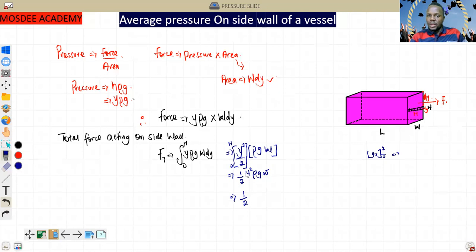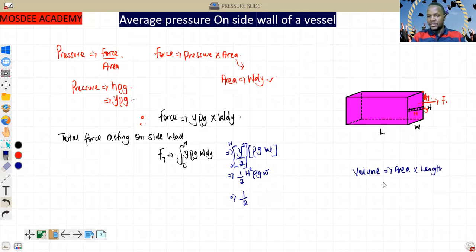We need to know what we are doing now. Volume, from early classes, is always equal to area times the length, or the width, or whatever the dimension.